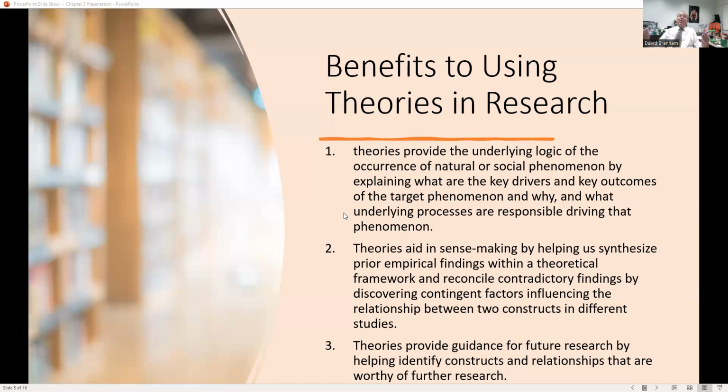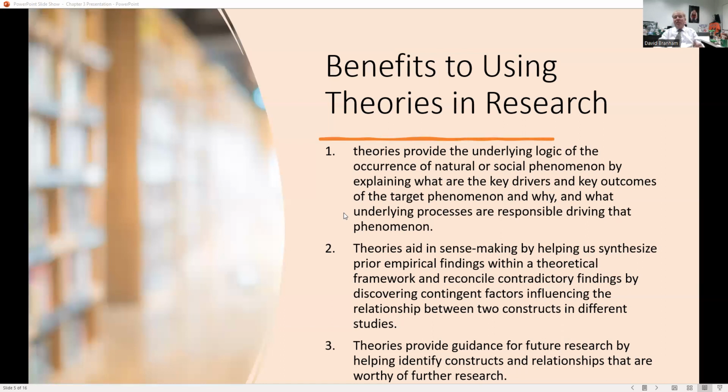Theories by definition are simple. So theories aid us in taking all this data that we have, possibly publications that are related to each other across the board, maybe hundreds of publications. Theory may be able to help us simplify that and get it down into a reasonable explanation for what's going on in the real world.